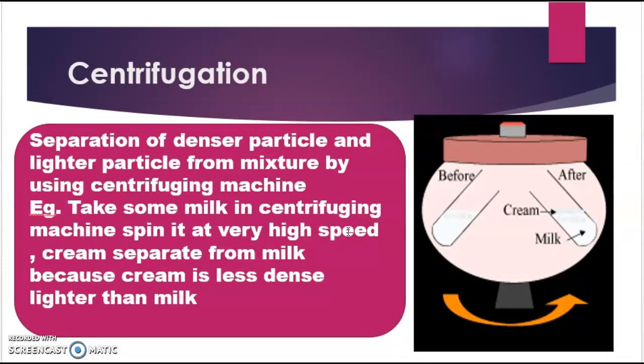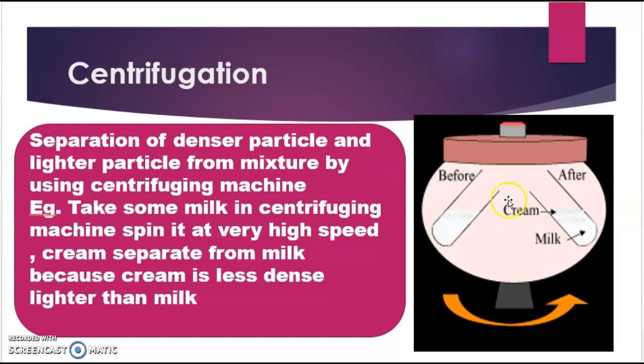Second is centrifugation. Centrifugation is used for the separation of particles from a solution according to their size, shape and density. For example, cream from full fat milk is separated by using a centrifugation machine or milk churner. In your kitchen, there is a milk churner which can separate denser particles from less dense, lighter particles.